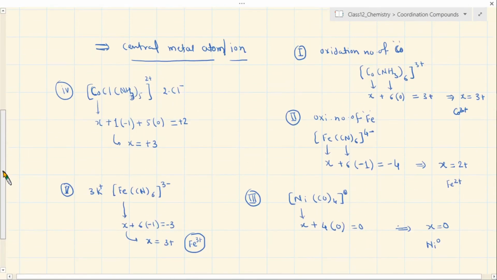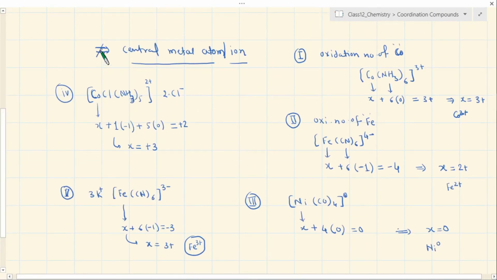Moving further, I want to now talk about another important entity, and that's called the ligand.